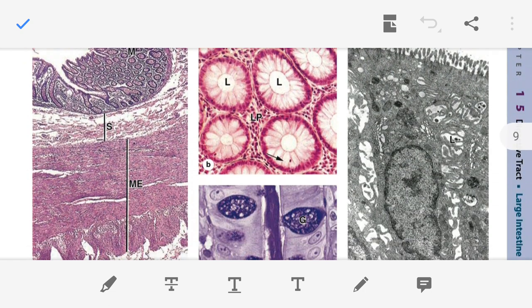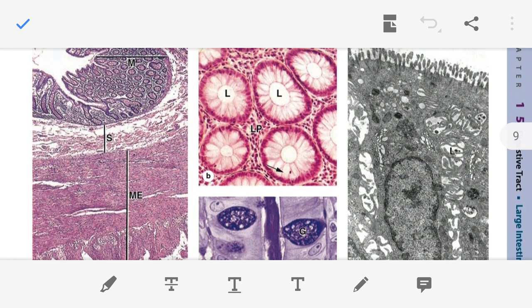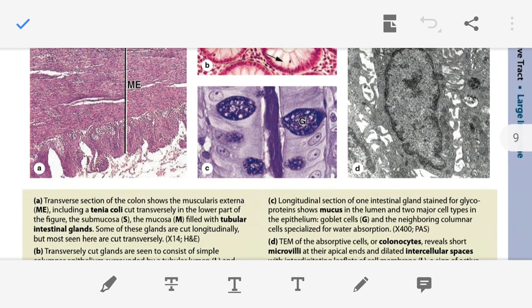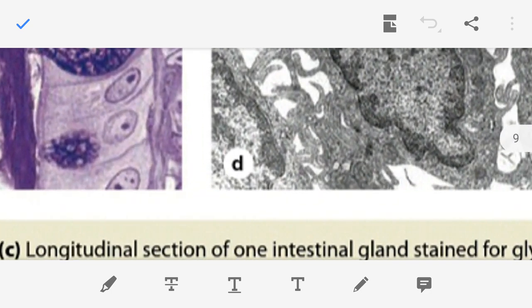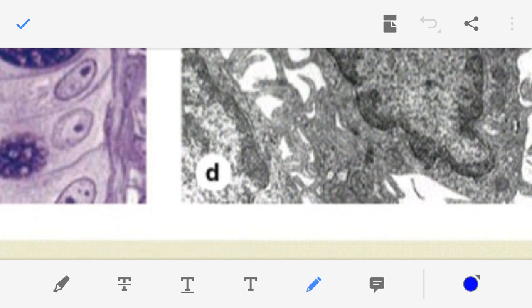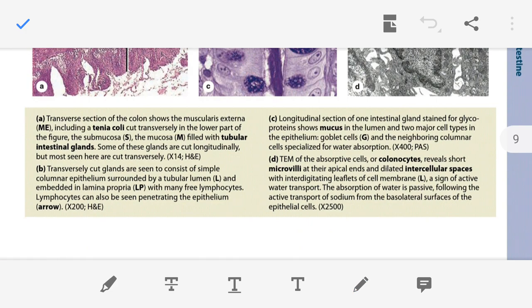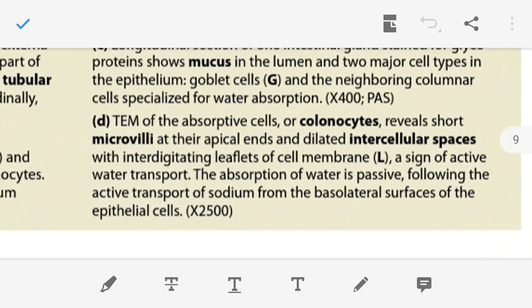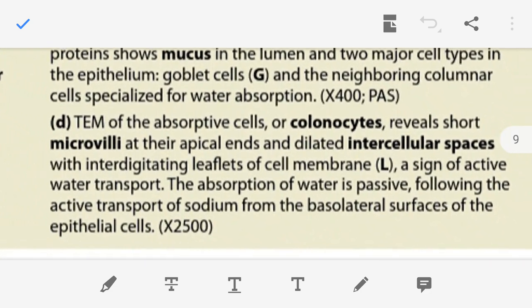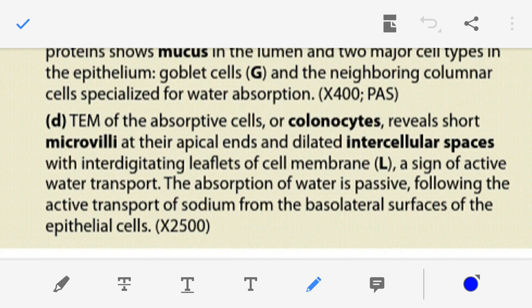So here you see on the right-hand side, black in color, the D is written. And what is this D? The photograph is taken by transmission electron microscope, and they are showing the absorptive cell.